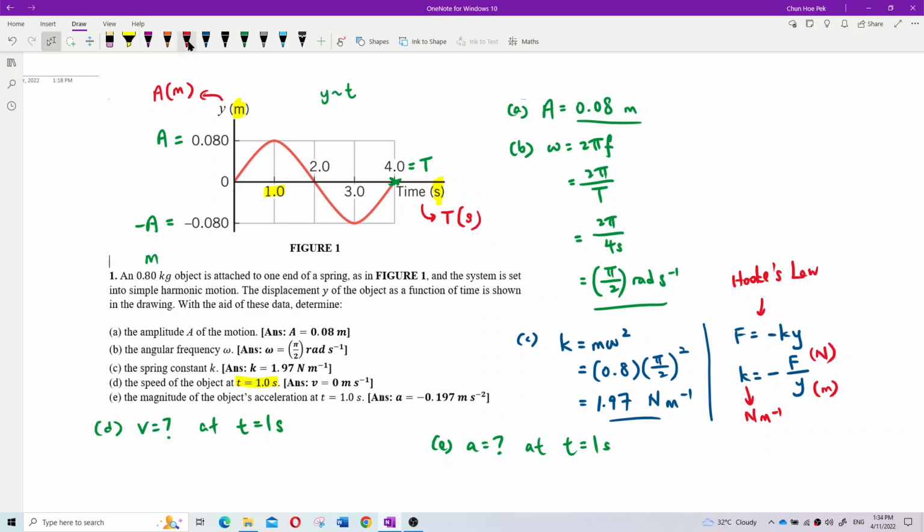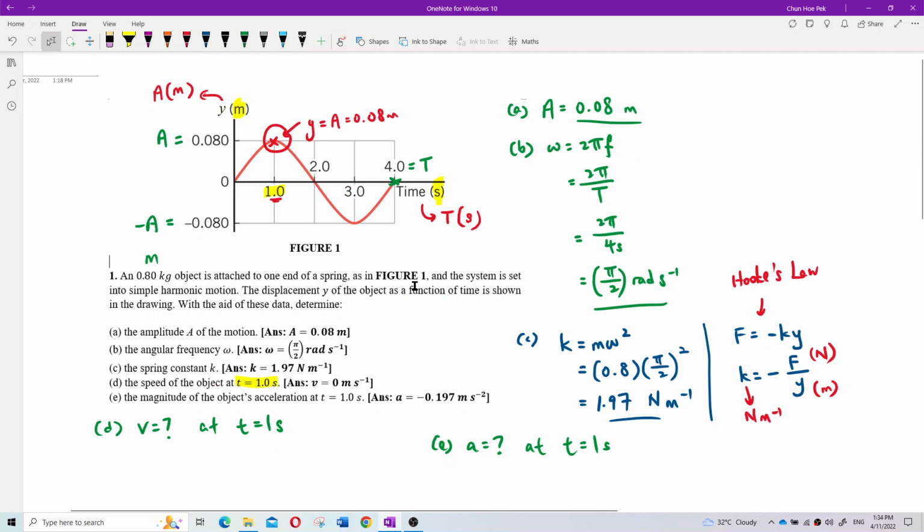So he already gives you the displacement at 1 second. You see that the displacement at 1 second is the amplitude, which is 0.08 meter.